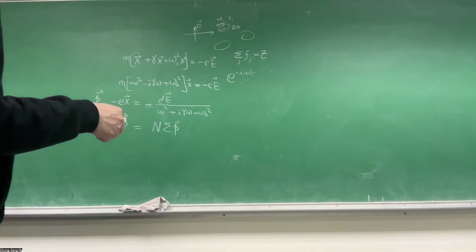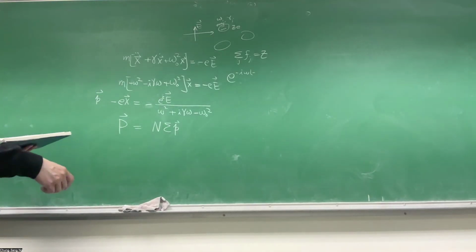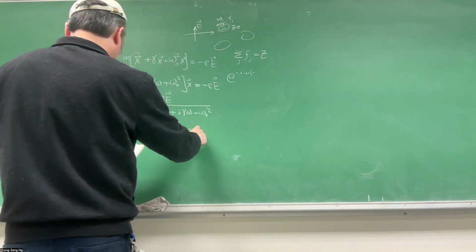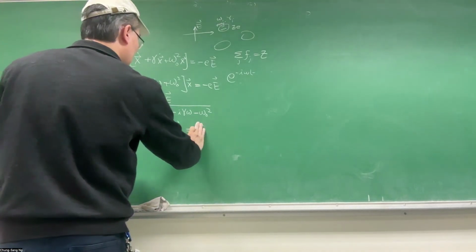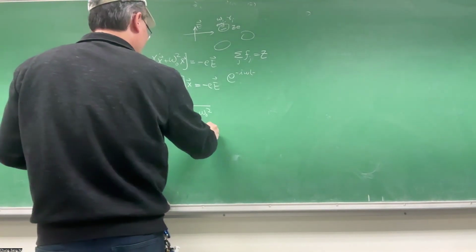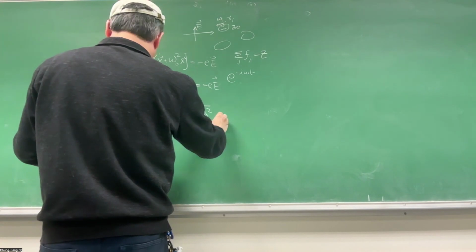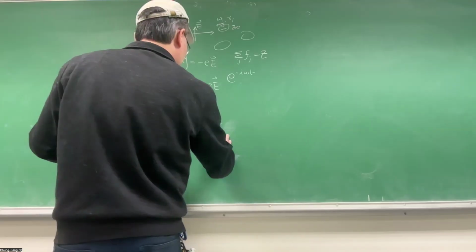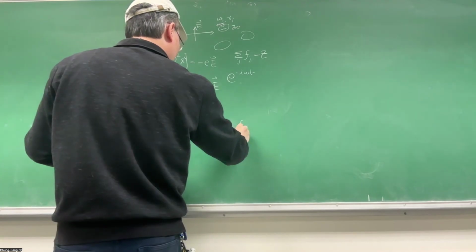So it becomes N e squared over m, and each one of them, you sum over j of f sub j.